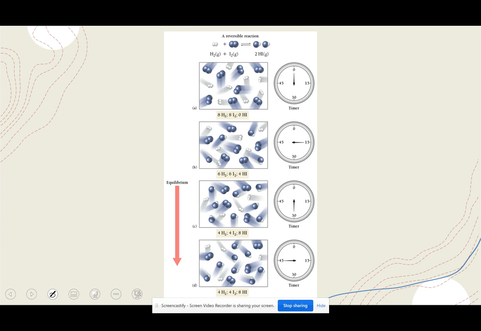As the reaction continues, we have 4 hydrogen, 4 iodine, and 8 HI at 30 seconds, and then we see we have the same concentration at 45 seconds, meaning that this reaction has reached equilibrium. And even though hydrogen and iodine are combining to form HI, HI is also decomposing to form hydrogen and iodine at the same rate. And so overall, the amount of each reactant and product is going to remain constant.